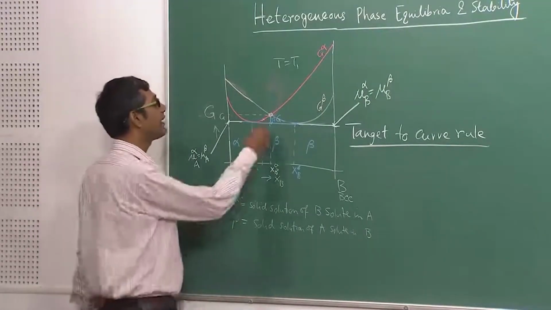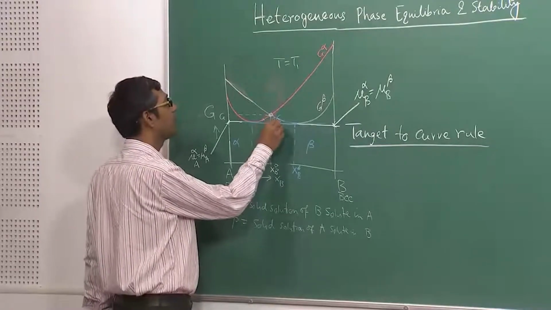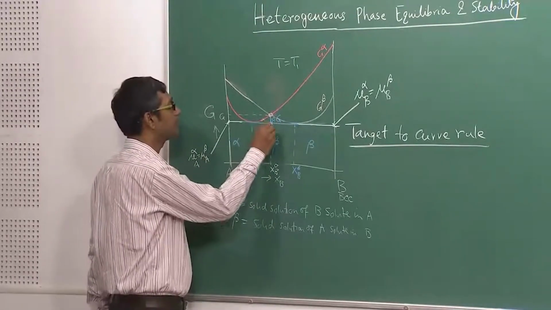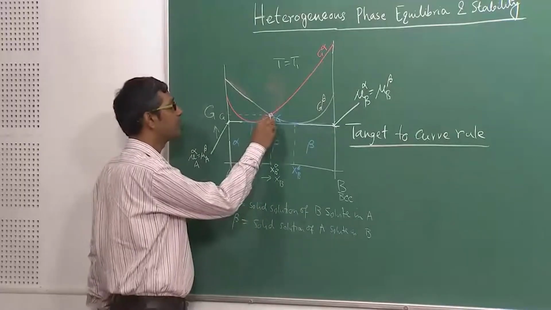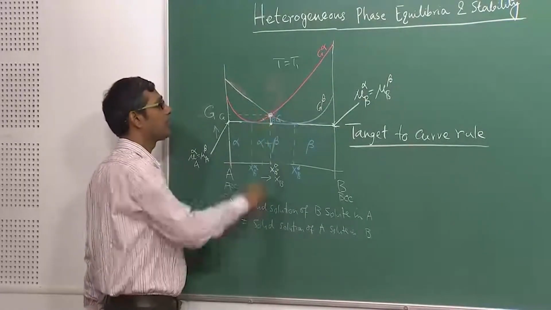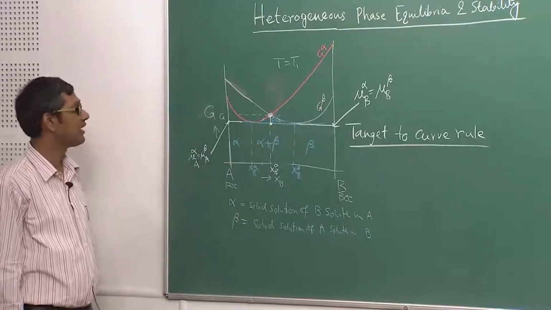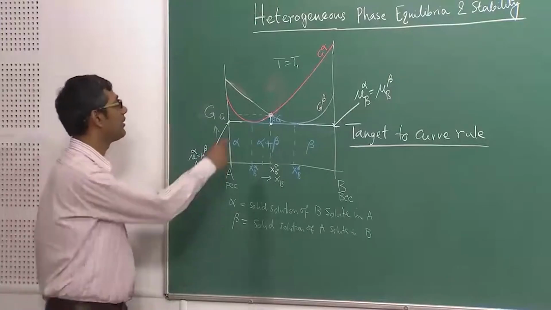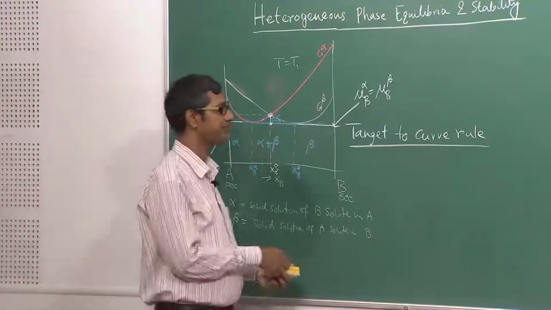So it is very clear, if I draw the common tangent, I reduce the free energy further from this point to this point. This is my free energy of the mixture now. So the free energy of the mixture is lower than the free energy given by this crossover point by delta G, and this is possible only by decomposition into these two solutions.